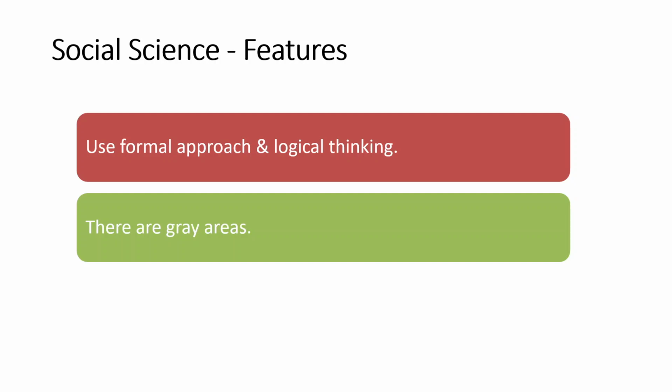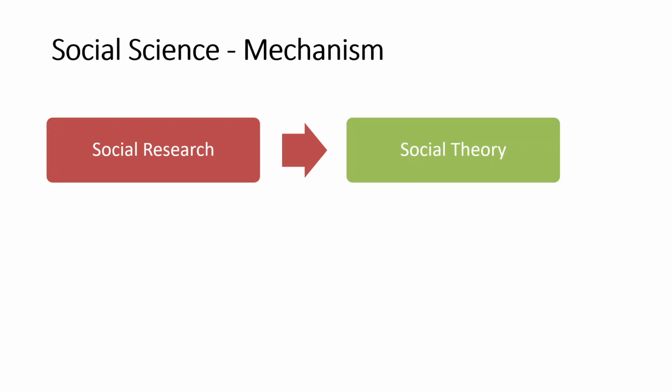For example, both capitalism and socialism. Some people believe in capitalism, whereas some others believe in socialism, and some people believe in certain concepts of both.